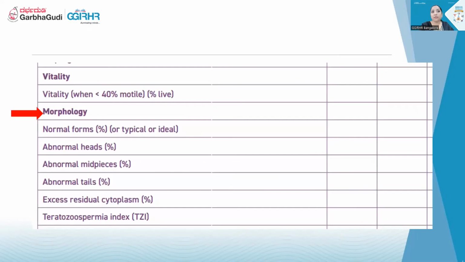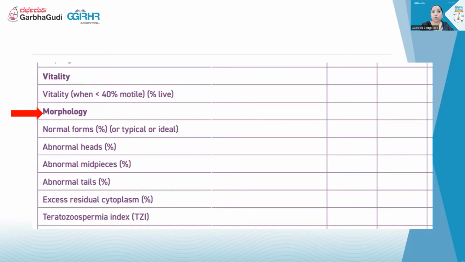So coming to the next parameter that is seen in the semen analysis report, morphology. Morphology is nothing but the number of normal forms that we have. There are different criteria that have been suggested by the WHO, wherein you will be assessing normal forms and abnormal forms: what percentage of abnormal heads there are, the percentage of abnormal midpieces, and the percentage of abnormal tails.